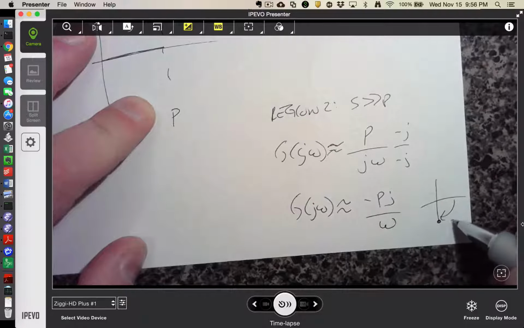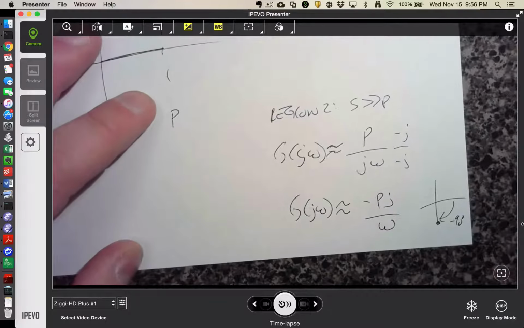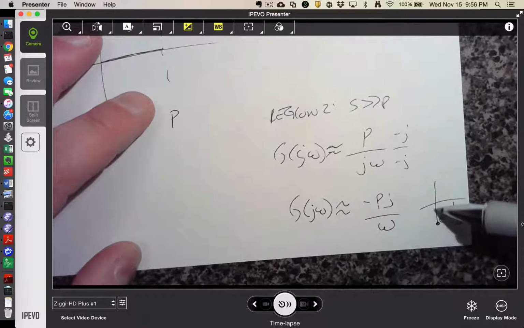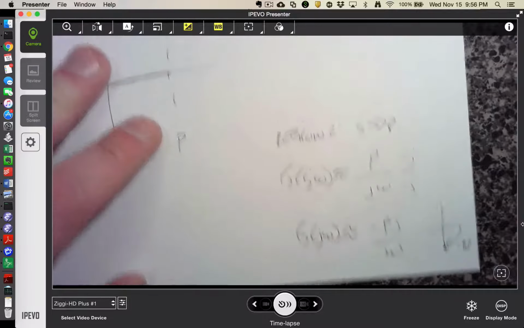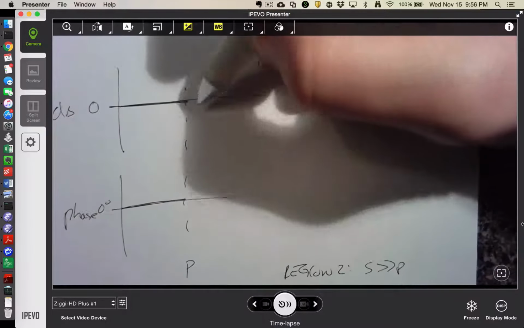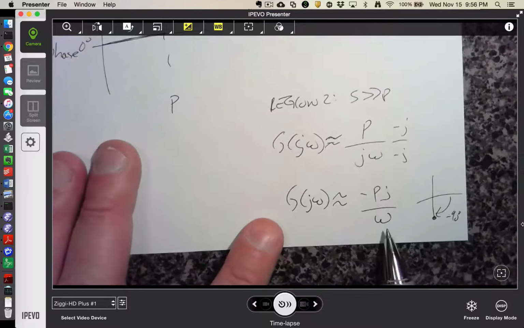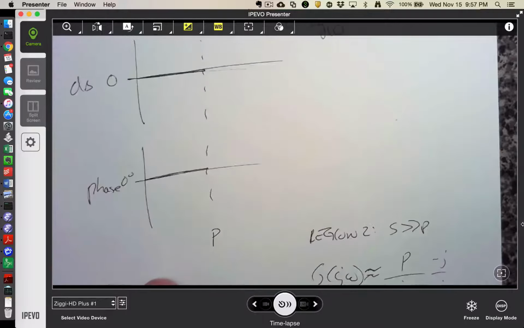Phase is equal to minus 90 degrees. And the magnitude is going to get smaller and smaller as omega increases. Specifically, for every factor of 10 that omega increases, the magnitude would decrease by a factor of 10, or 10 to the minus 1, which leads to 20 dB.